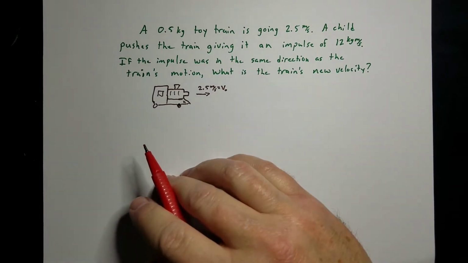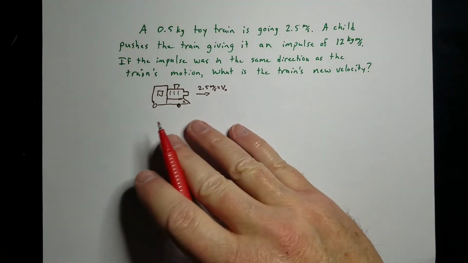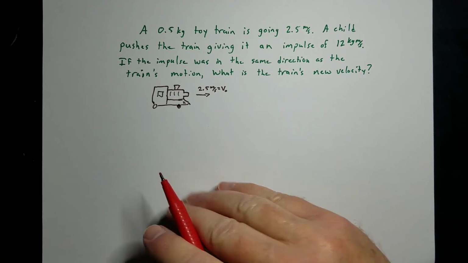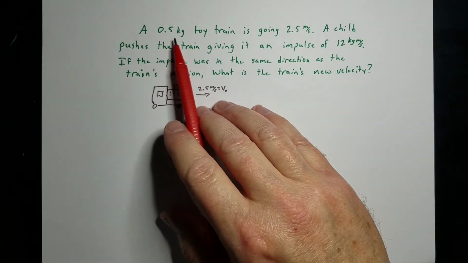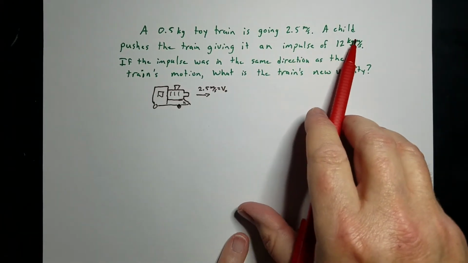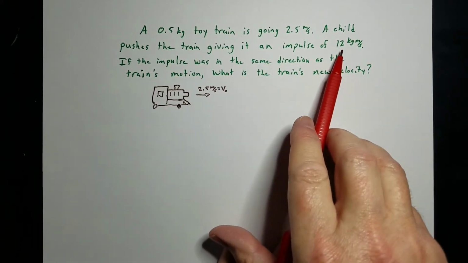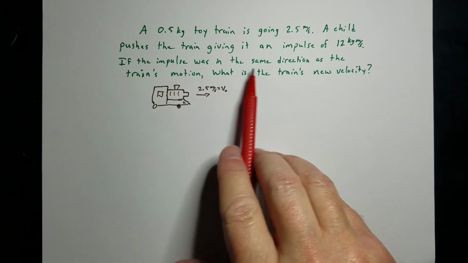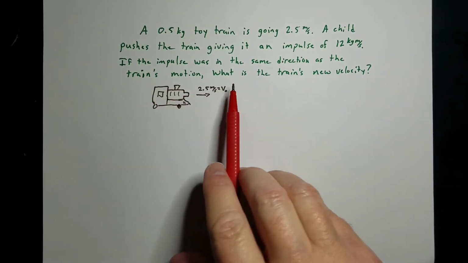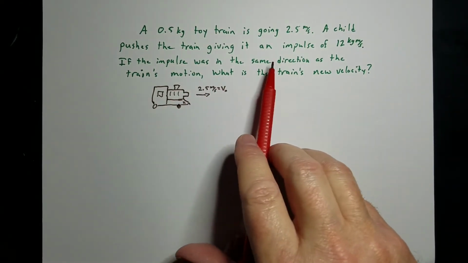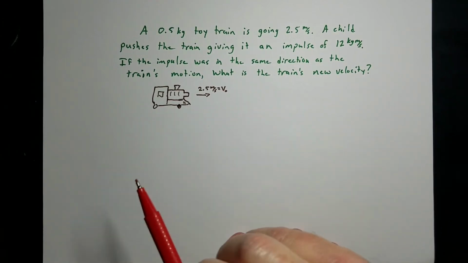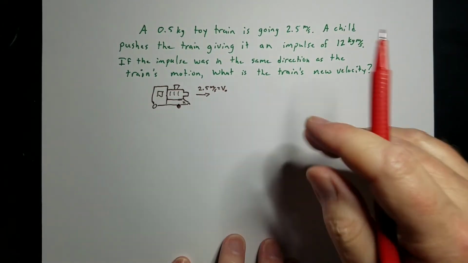Okay, let's try one that looks a little bit more complicated, at least on the surface. There's more words here, and so we'll have to see. So a half kilogram toy train is going 2.5 meters per second. A child gives it a push, giving it an impulse of 12 kilogram meters per second. And I want to know what the new velocity is if that impulse was in the same direction as the train's original motion.